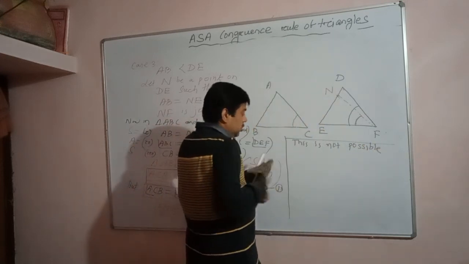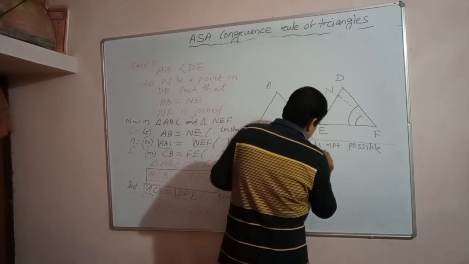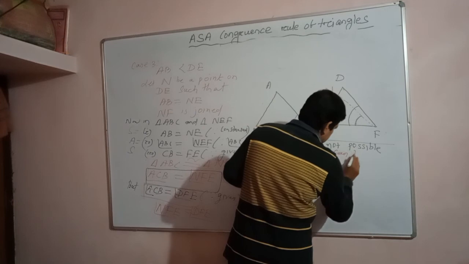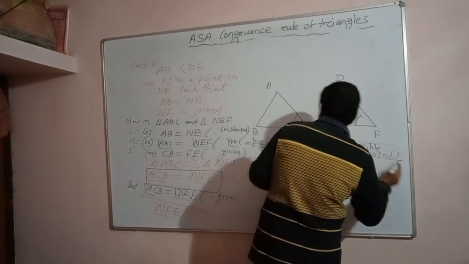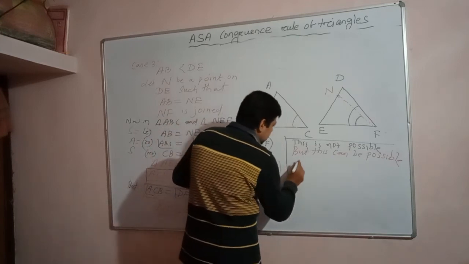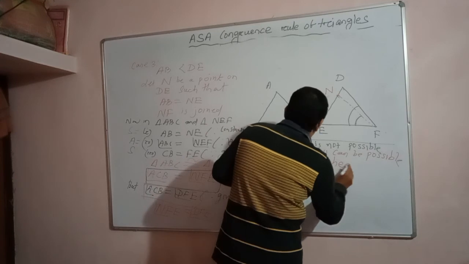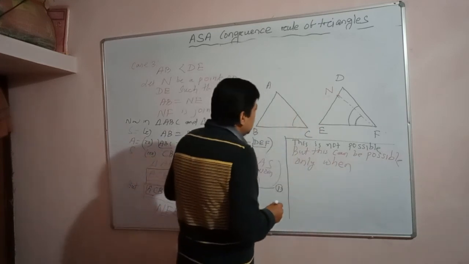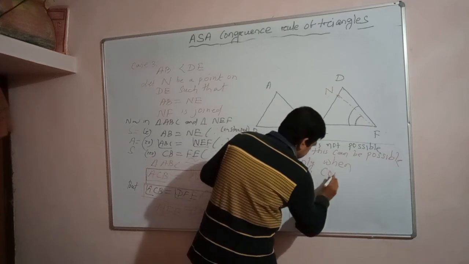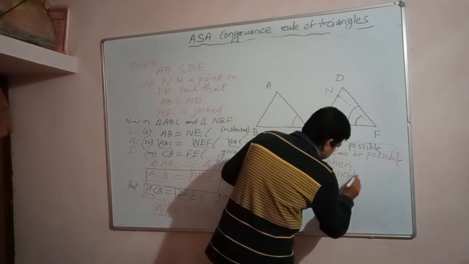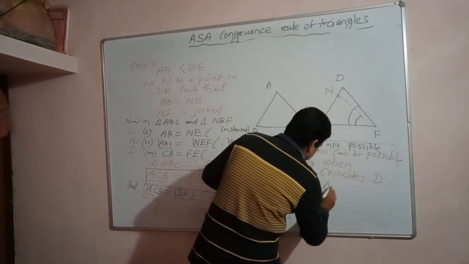But this can be possible only when N coincides with D. That implies N is equal to D.